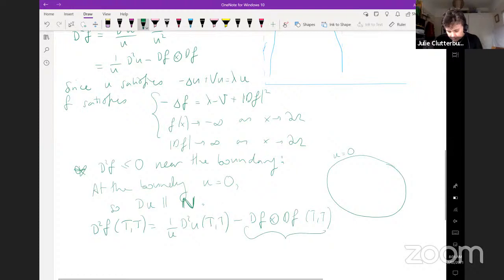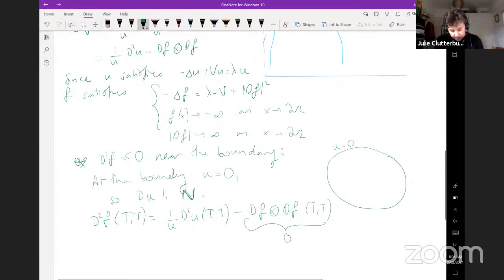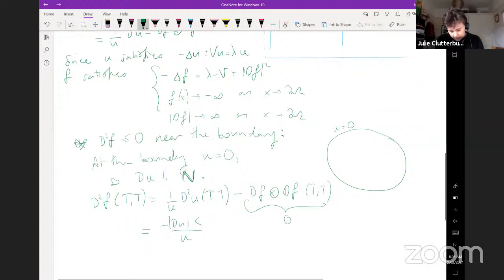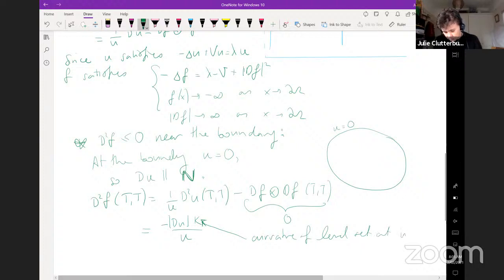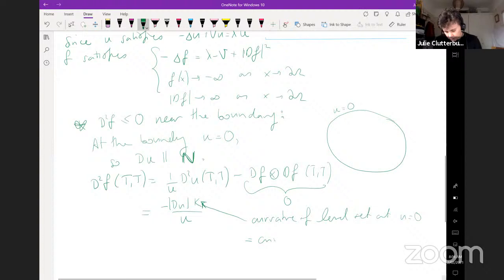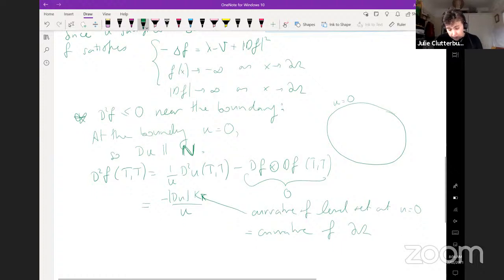And so these guys are going to be 0. And this one here is a curvature term. And here kappa is the curvature of the level set, which of course is just the curvature of the boundary. Okay, so this is positive.